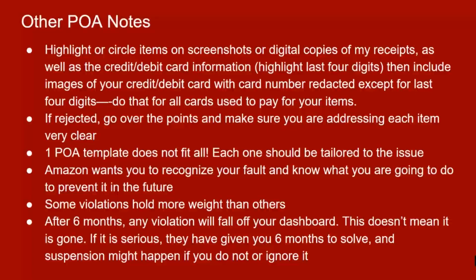You also may want to include your credit or debit card information, highlighting the last 4 digits of that card that match the receipt, and have that card have your name on it. You're going to redact the rest of the credit card number except for those last 4 digits, and make sure that credit card has your name on it and those 4 digits match up with your receipts. That's just another level of proving that you made that purchase at the store if you're having trouble with that.